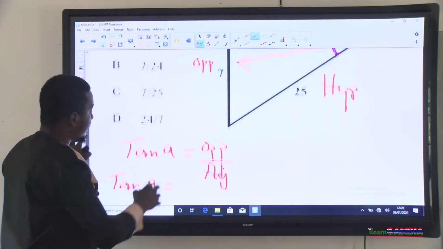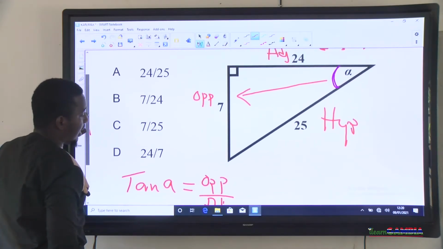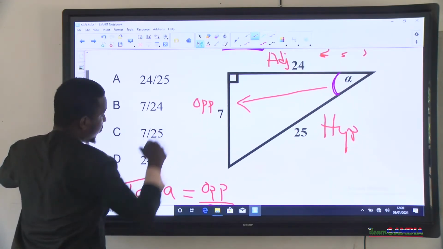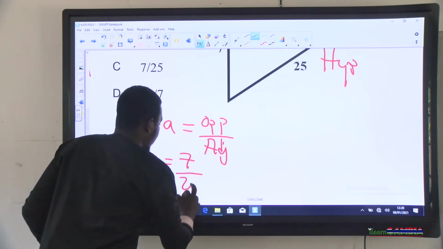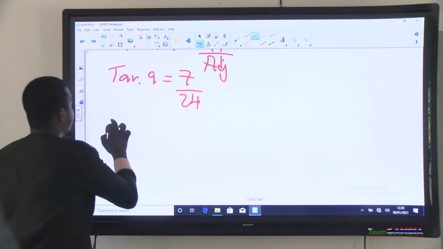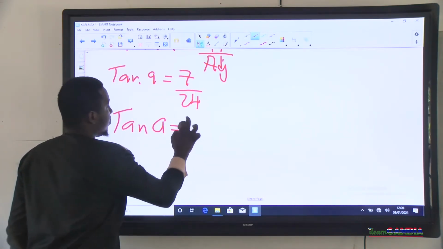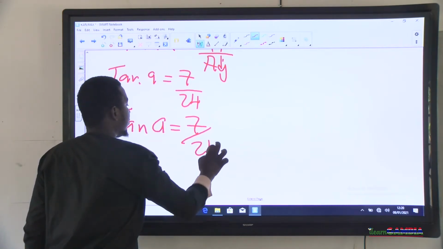The opposite is 7 divided by the adjacent, which is 24. So there we have tan of angle A equal to 7 over 24.